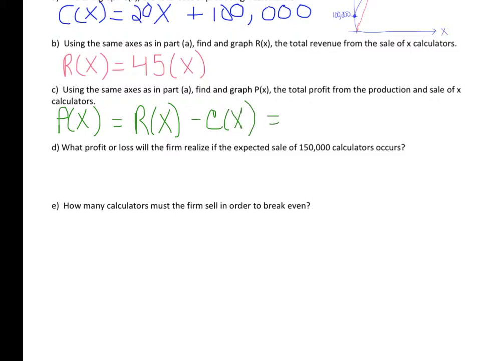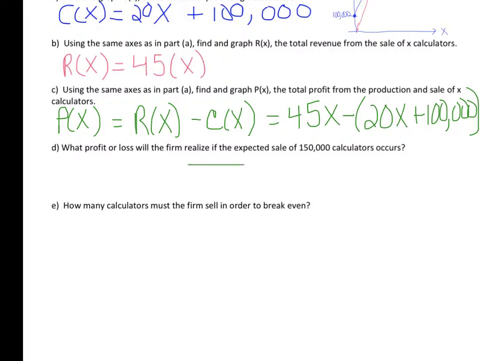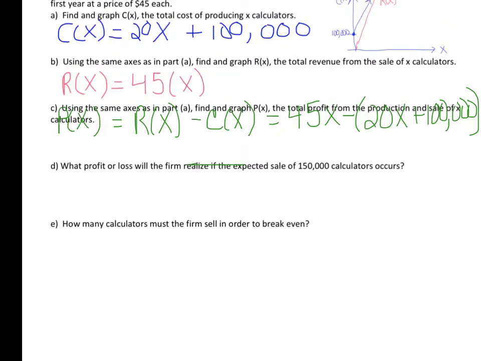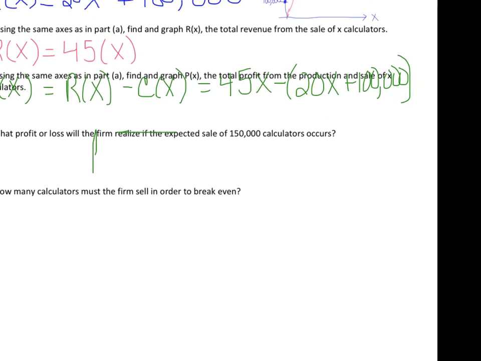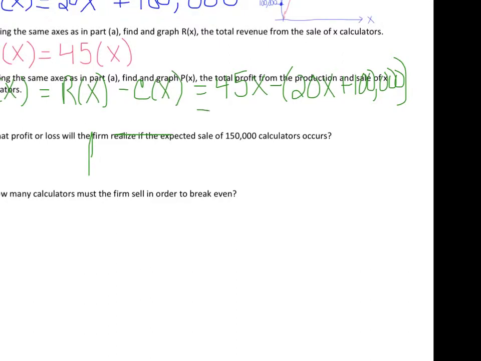So if we just substitute what we have in the previous two parts, revenue is 45x and our cost is 20x plus 100,000. And of course that simplifies. So that's going to be equal to 25x minus 100,000.